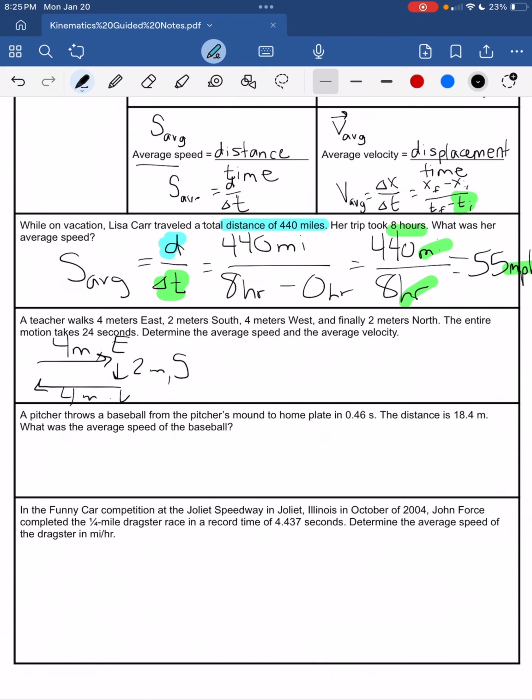This looks a lot like our picture from the problem on the previous page. 2 meters north. The entire motion takes 24 seconds. Determine the average speed and the average velocity. So speed average equals distance divided by. We go back.